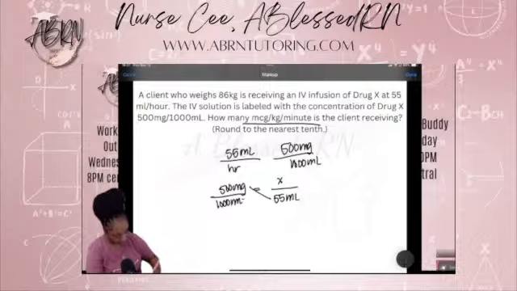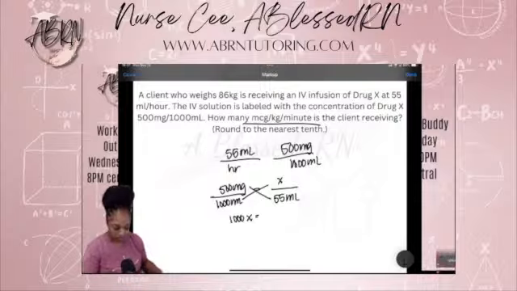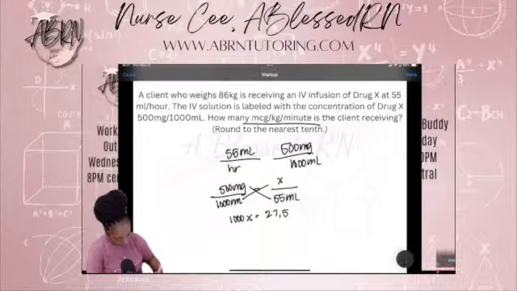So you'll do a cross multiplication, and that'll be 1,000 X equals 500 times 55. And that's going to be this number right here, okay? We'll divide each side by 1,000 because we want to get X by itself.